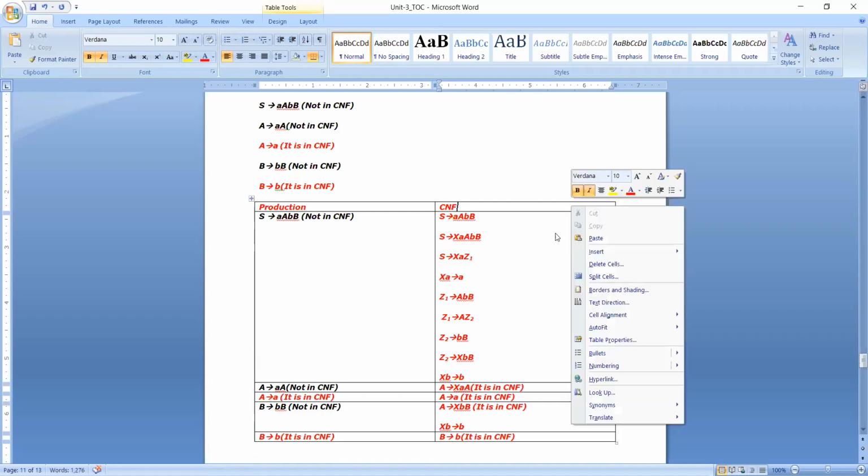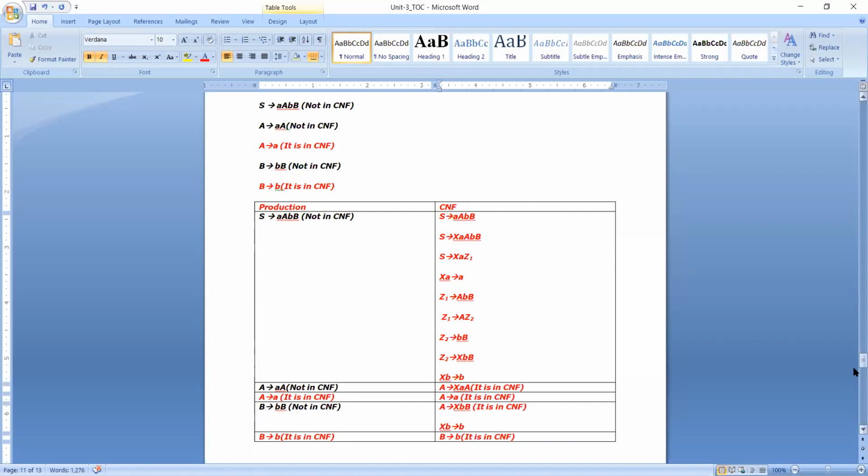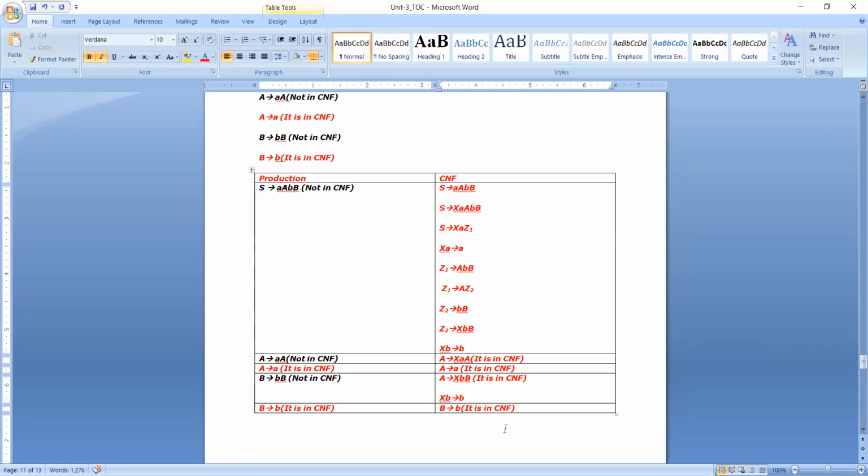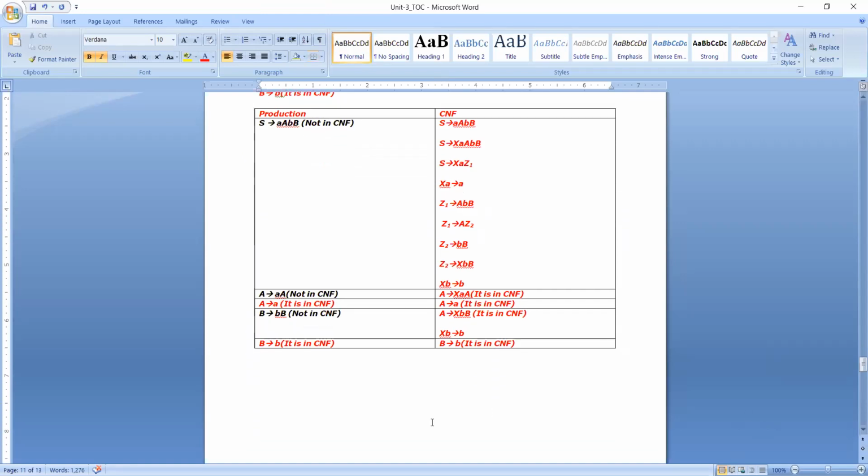Now, when we convert our entire grammar, the productions which will be available in CNF form are, let me write the final answer over here. The grammar in CNF is, first we start from the start symbol of our grammar.